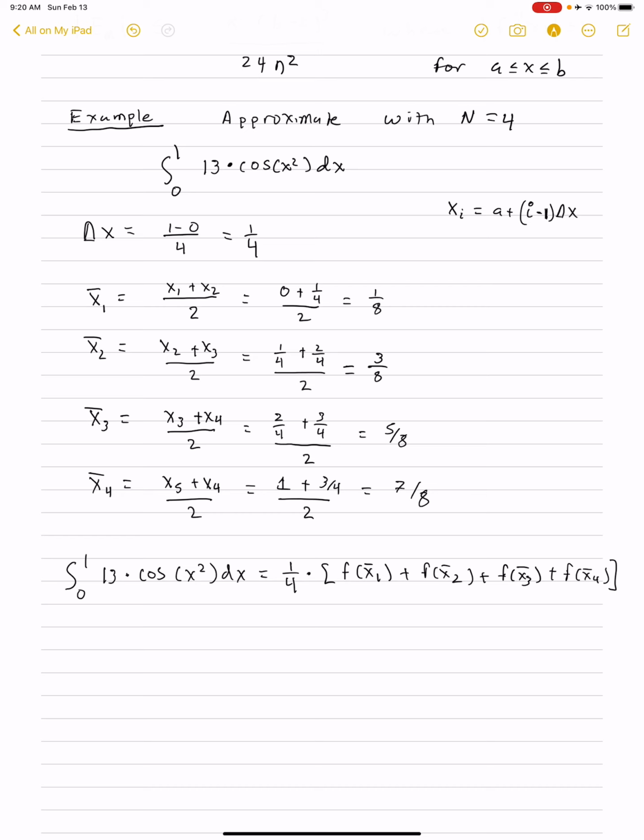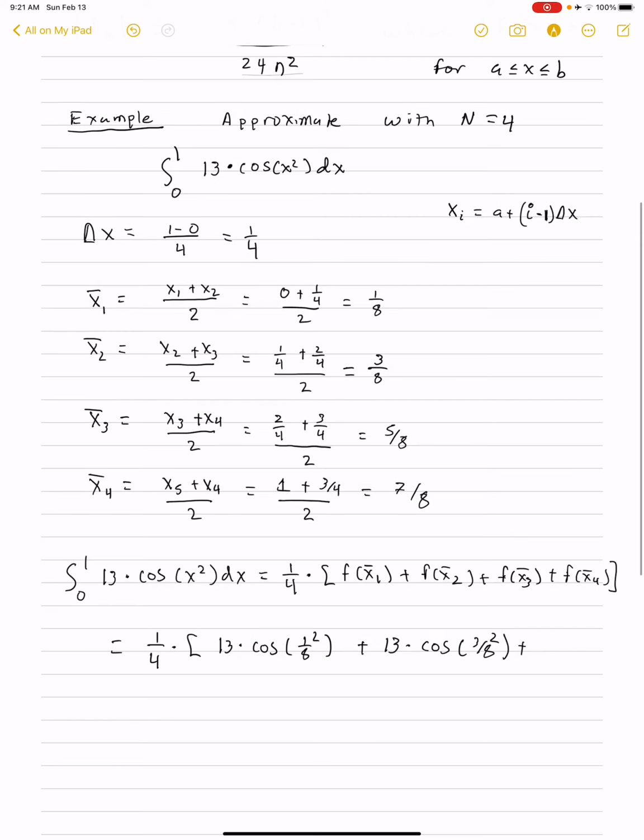Okay, and then we just need to plug this in, and that'll be 1/4 times f of x1 bar, which will be 13 times cosine of x1 bar. x1 bar is 1/8. Then it needs to be squared, plus 13 times cosine of x2 bar. That'll be 3/8 squared, plus 13 times cosine of 5/8, we'll square everything there.